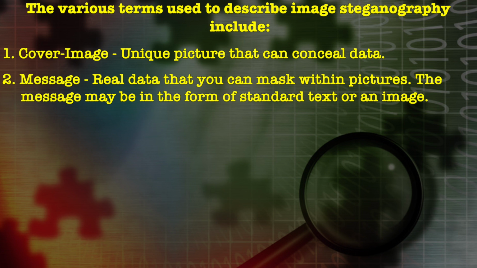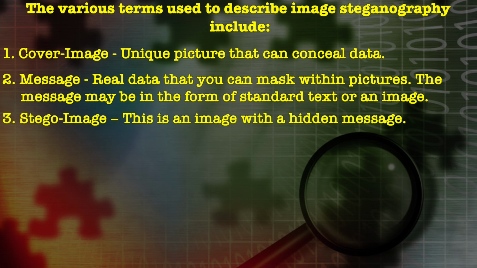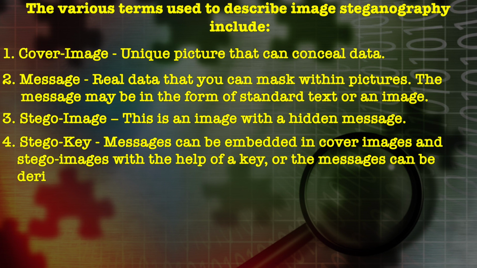The message may be in the form of standard text or an image. The next is the stego image, an image with a hidden message. Then the stego key: the message can be embedded in cover images and stego images with the help of a key, or messages can be derived from the photo themselves.